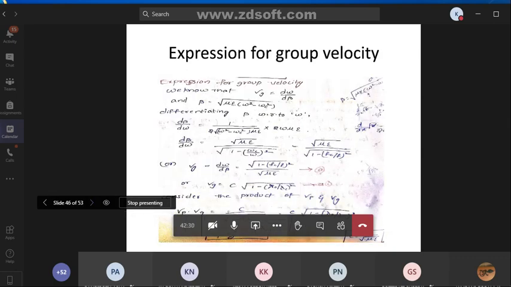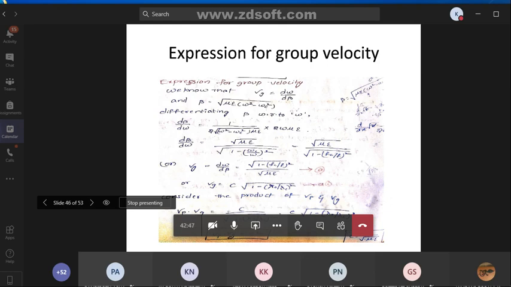Okay. So then what is the expression for group velocity? From the definition, Vg equal to d omega by d beta, and we know that beta equal to square root of mu epsilon into omega square minus omega c square.